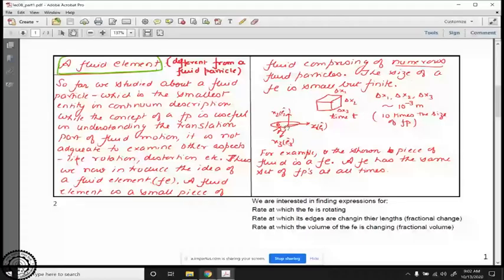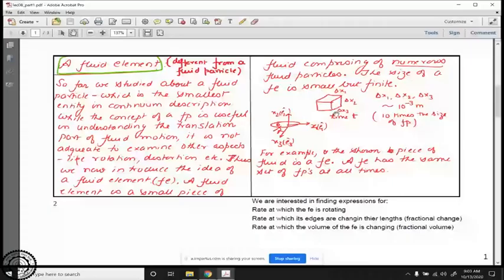Here I am showing a fluid element, or FE, and I am using a Cartesian coordinate system. My working coordinate system is Cartesian, and this is what can be called a fluid element. It is a cuboid of dimension delta x1 along the E1 axis, delta x2 along the E2 axis, and delta x3 along the E3 axis. I am identifying this fluid element at time t. Of course, there are 6 faces of this fluid element.